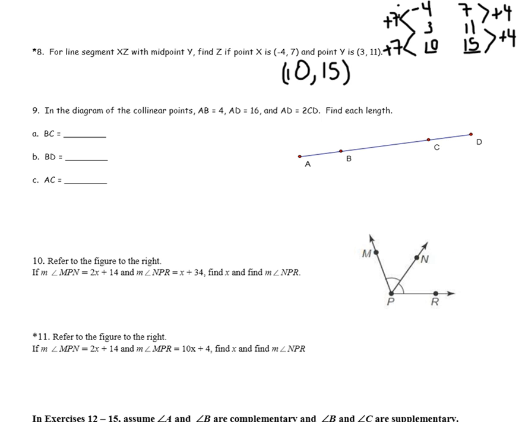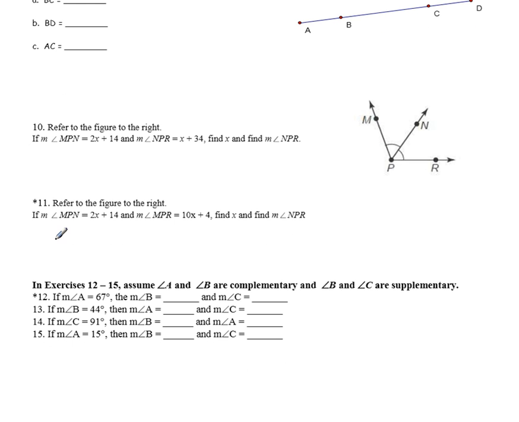Number 11. If the measure of MPN is 2x plus 14, and MPR, the whole thing, is 10x plus 4, find this piece.